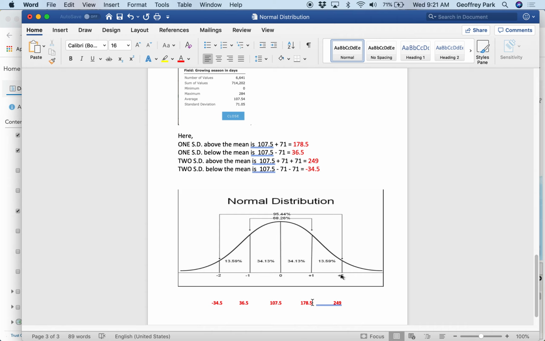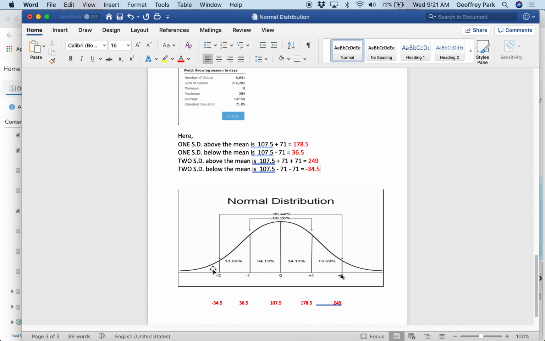So if you're in a place with a growing season that's, let's say, 180 days long, you can say that's significantly long. One standard deviation below the mean is 36.5. So if you're in a place with, let's say, a 30-day growing season, that's significantly short. If you have more than 249 days, that's almost a year, that's an extremely significantly long growing season.